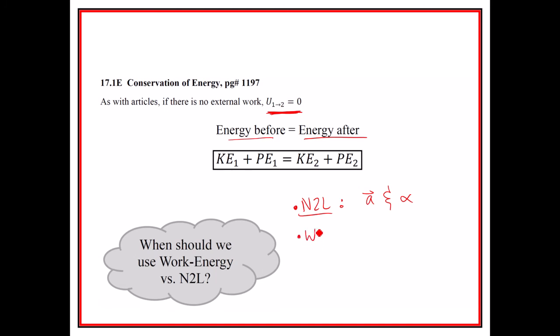So work energy is most helpful to us when we have a velocity, angular velocity, or a delta x, right? So we've moved a certain distance.